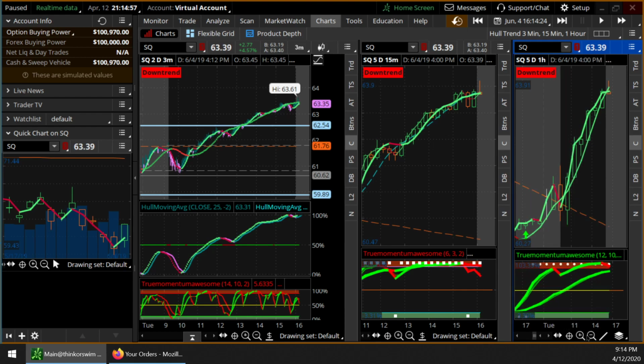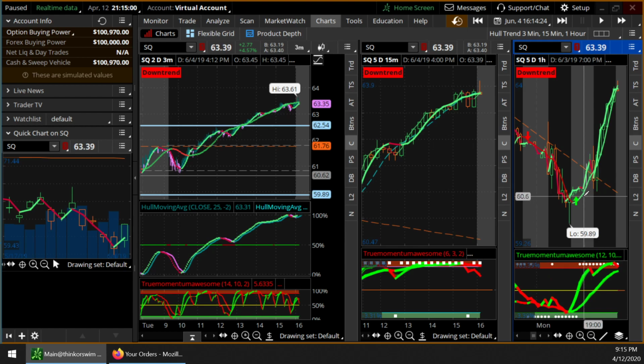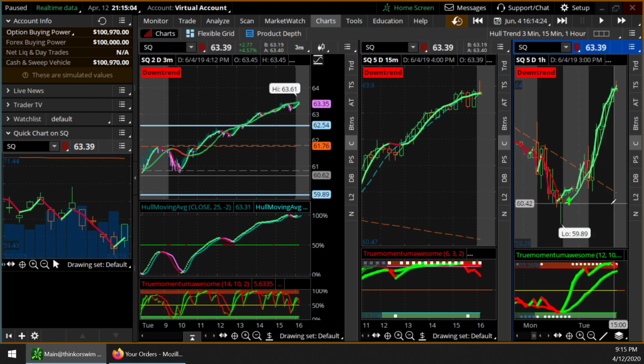So the 1 hour is kind of funny. As far as the overall trend, the 10 hull says this position wants to move down. Now with the 1 hour 2 hull, if you're day trading, that's where it really comes in handy, because if you're going to go scalp something, and you see this starting to go green here, but the 10 is red, you don't want to buy a call on that while that's green.